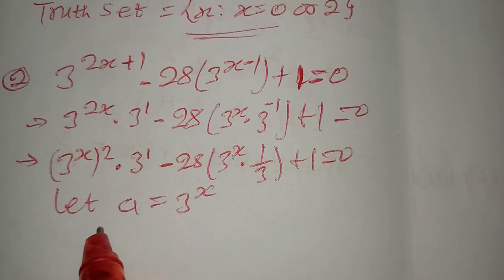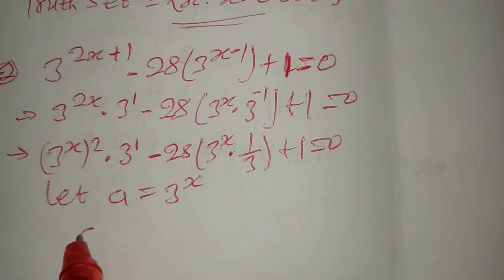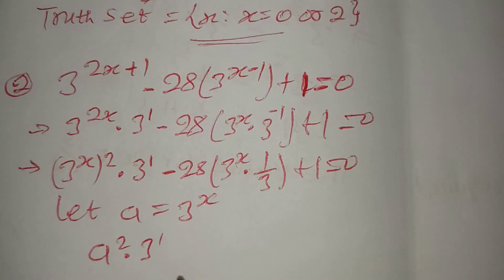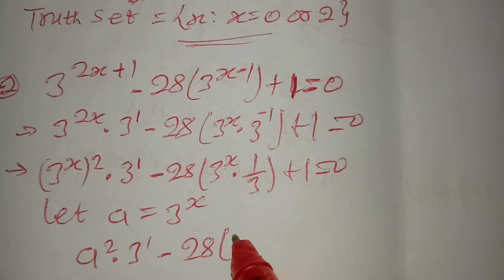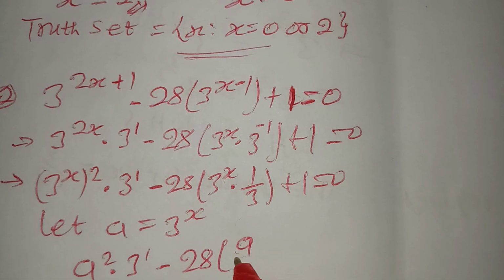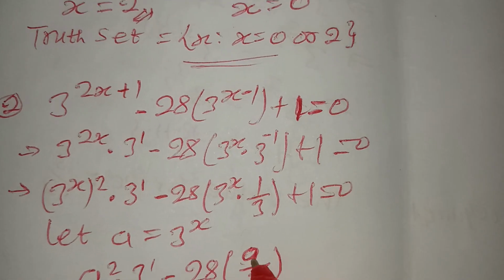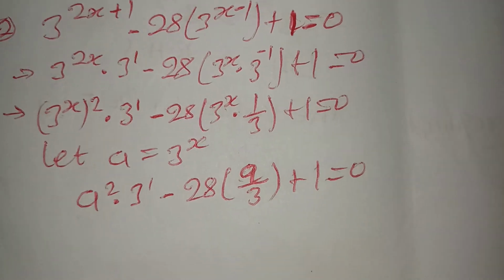So doing substitution here, we are going to get a squared multiplying with 3 exponent 1, minus 28 multiplying with a over 3, plus 1 equals 0.